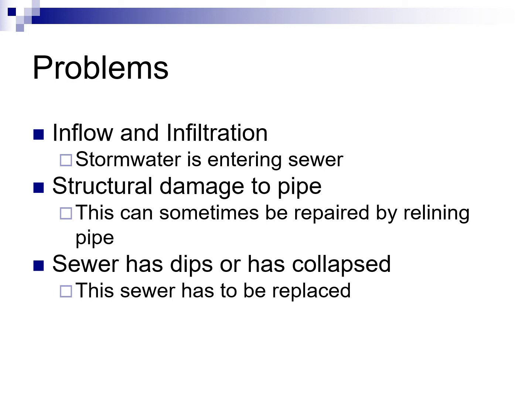Also, our systems could be old and there might be cracks and damage in areas that are allowing stormwater to get into the sewer. Then we also could have structural damage to the pipe, and this can sometimes be repaired by relining pipe.